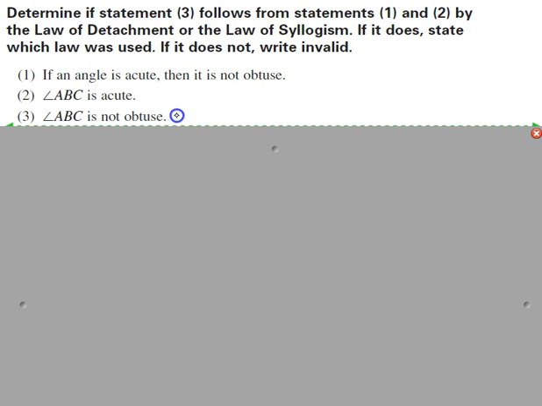So the question is, can we conclude that angle ABC is not obtuse? Since our fact in number 2 verified that our P, our hypothesis, is true, we can conclude that our conclusion is also true. So we can conclude that angle ABC is not obtuse using the law of detachment.